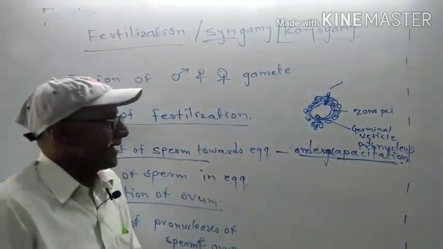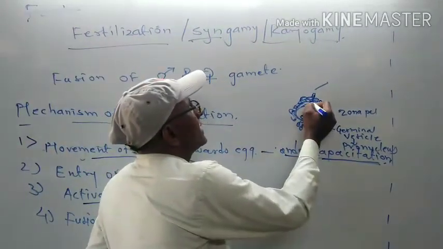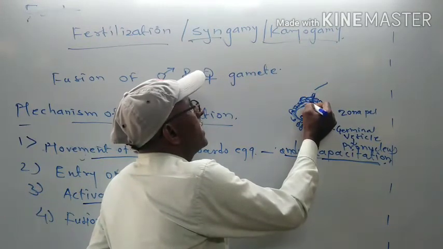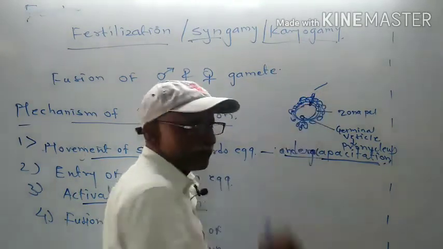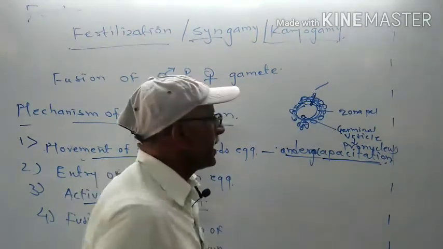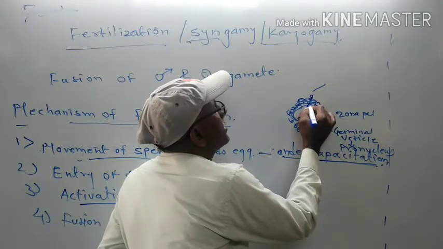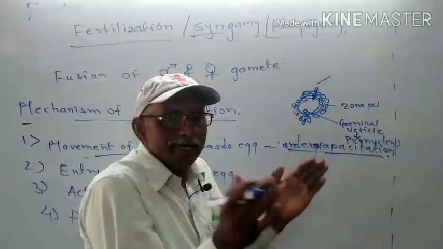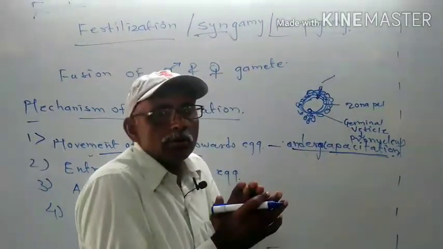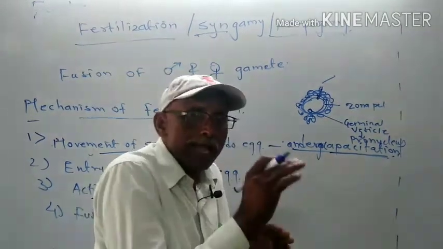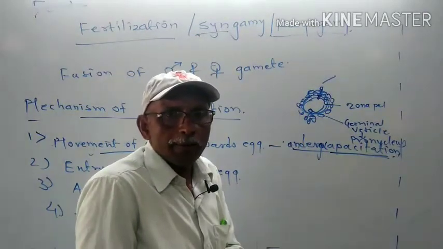Then after this activation, the sperm head enters through the vitelline membrane into the ooplasm, and when it enters, the vitelline membrane or perivitelline space gets activated and forms a layer around it, so that other sperm cannot enter the ooplasm.